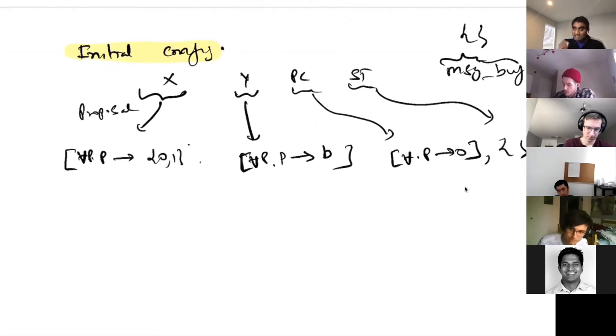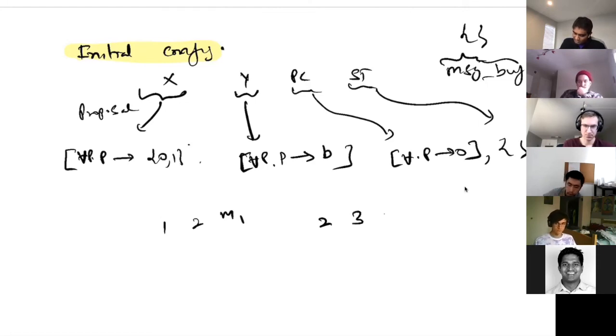Let's say you want to capture the fact that there are 2 messages in flight: one from process 1 to 2 with the message M1, and another from 2 to 3 with M2.